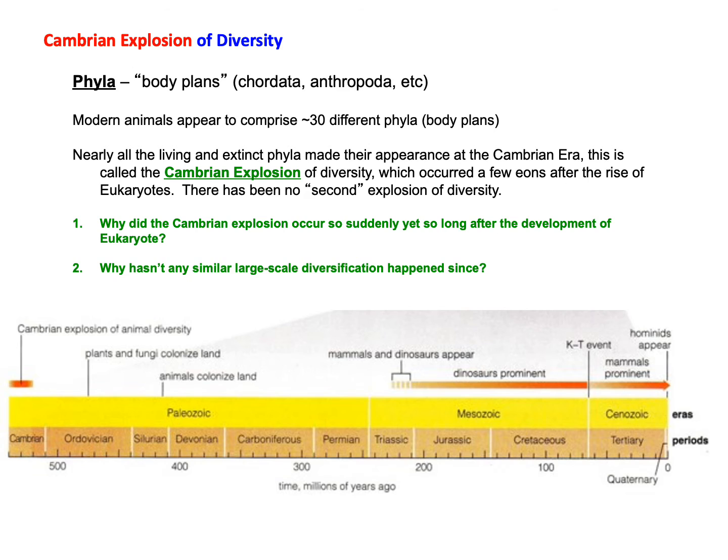And what we're going to talk about here, and the reason this is its own eon, broken into 3 eras and multiple periods, is that a very special event happened once on the Earth, and that is something called the Cambrian Explosion of diversity. This is a period in time. You have to understand that up to this point, all life forms were basically in the ocean, and they were microscopic, and there may have been a few cells here and there put together, but things were very, very simple.